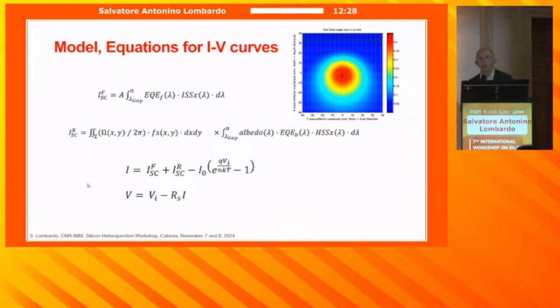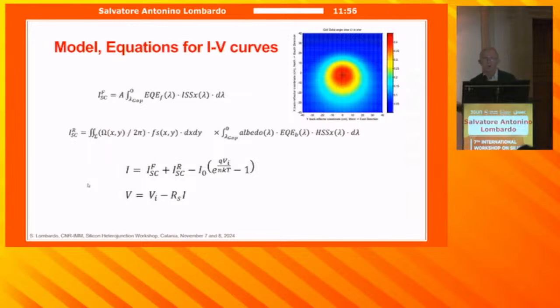We also have to consider the photocurrent from the back, and this is again a convolution of the quantum efficiency on the back side with the light impinging from the back. From the back it is albedo light, and we have to consider all the ground, and each element of the ground sees the solar cell under a certain solid angle, and so it produces a certain amount of light collected by the cell.